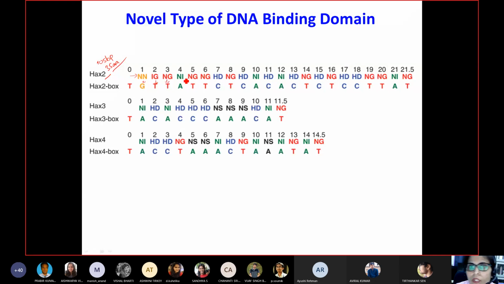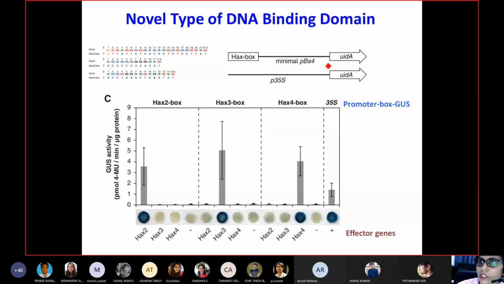based on that. So here you have 1, 2, and 3, different kinds of HAX4 and their prominent promoter sequences or promoter boxes shown. We'll see what kind of experiments they have done. Again, they used the GUS reporter system.